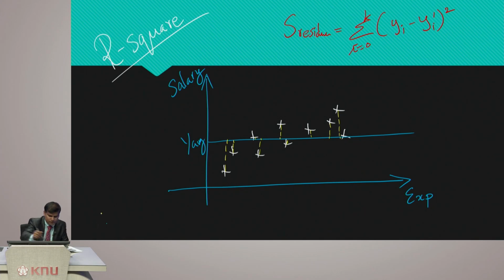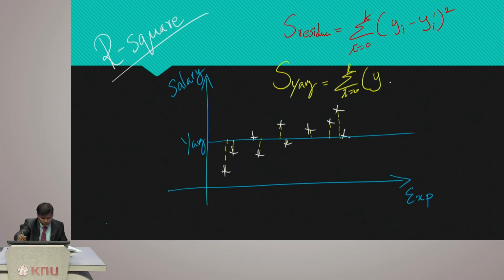So now we will introduce this term. Let's call it the sum of all this information, i equals 0 to, let's say, L, and let's say yi minus y average.